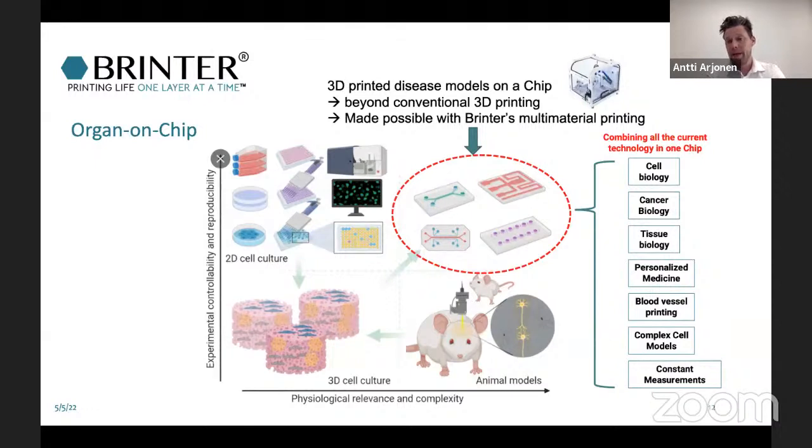We can use it, for example, for COVID studies, so we can have an air-liquid interface, etc. And if we also add the capabilities of 3D printing, that would open totally new scenarios for different kinds of material studies, drug development, drug design, etc. So this is something to keep in mind, and I'm looking forward to publications related to this area.